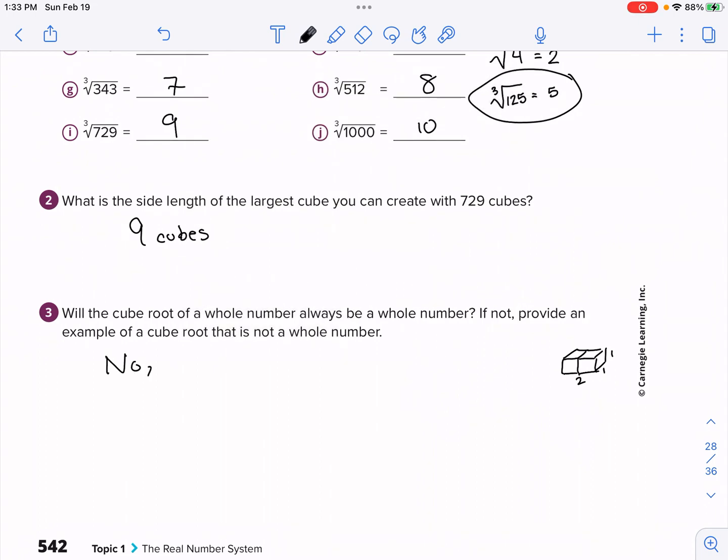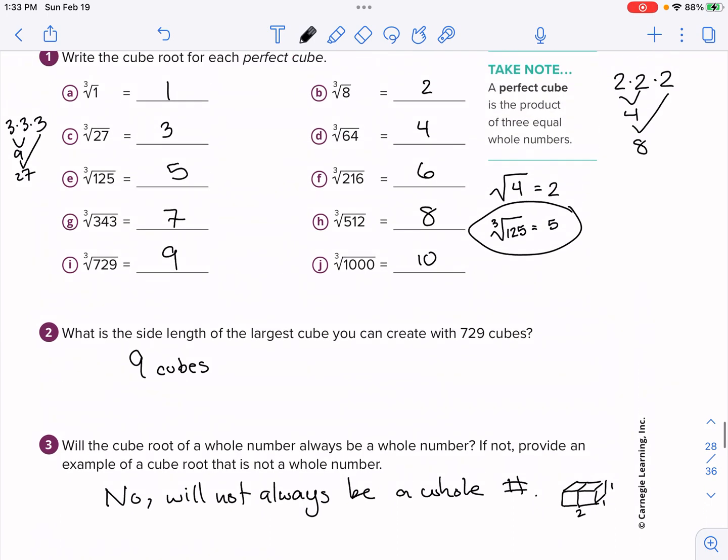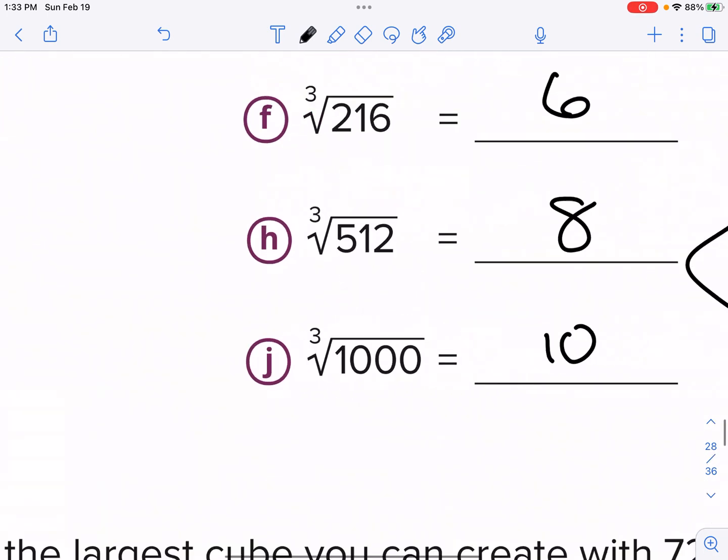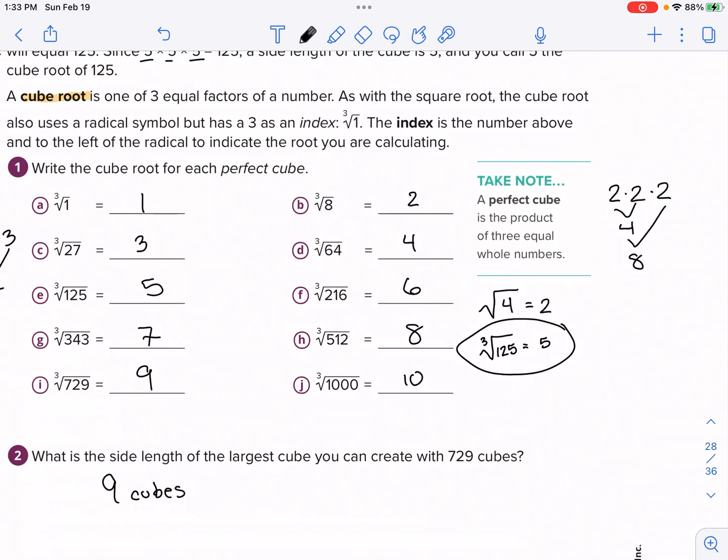So we just say no, it will not always be a whole number, and most likely it won't be. If you look at the cube roots from 1 all the way to 1000, there are only 10 of them that are perfect whole cubes.